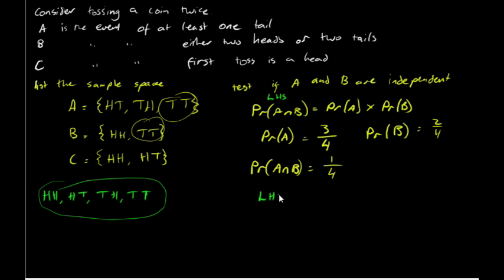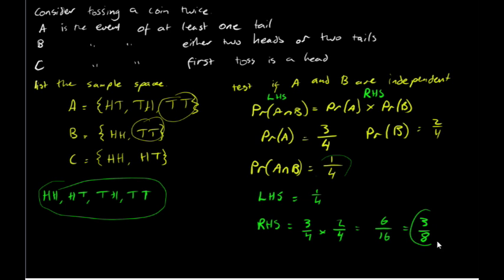Left-hand side, the probability of A and B, is 1/4. And then the right-hand side, so RHS, the probability of A, which we found was 3/4, times the probability of B, which was 2/4. If we work that out, we get 6 out of 16, which is just 3 out of 8.